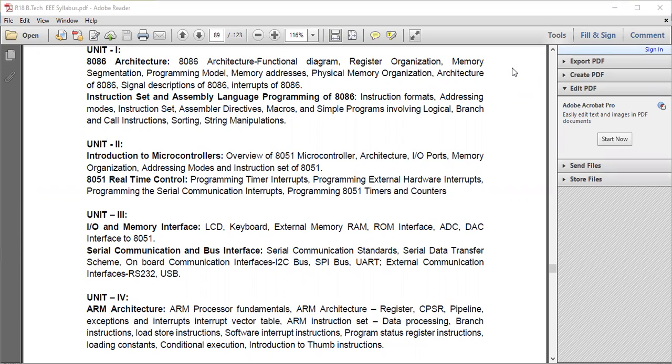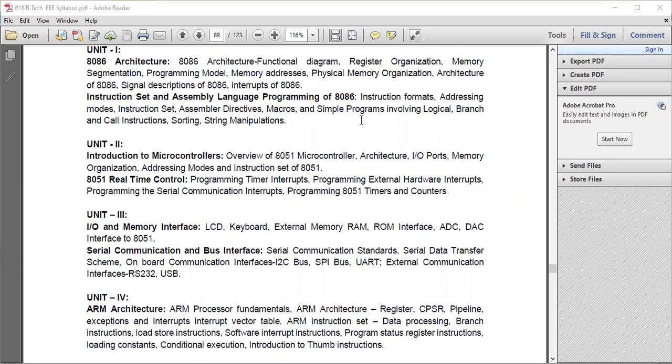In this lecture, I'm going to discuss what are the different units which are present in the microprocessor and microcontroller subject, and how the different topics are segregated in this subject. Totally we have 5 units. The first unit is completely about microprocessors. The second unit is completely about microcontrollers.